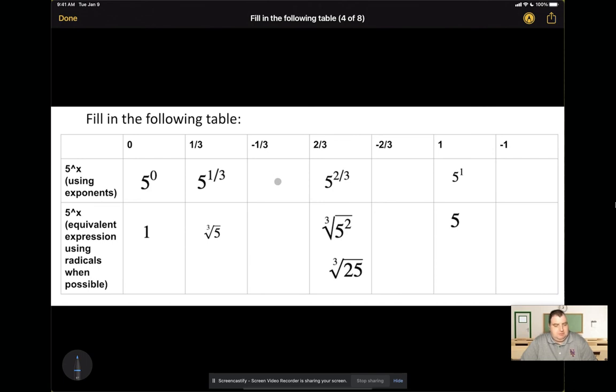But if I were to plug in -1/3 and make this 5 to the power of -1/3, I talked about this in a previous video. 5 to the power of -1/3 is the same as 1 over 5 to the power of +1/3. And we should know that 5 to the power of +1/3 is the cube root of 5.